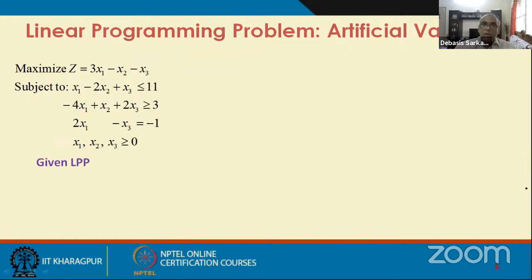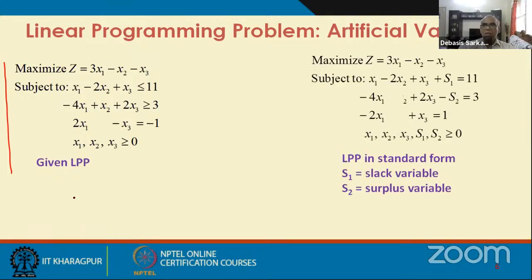So just to get an example, let us say we consider this linear programming problem. So add slack and surplus variables. This constraint doesn't need anything.